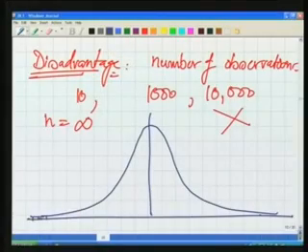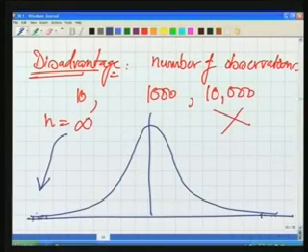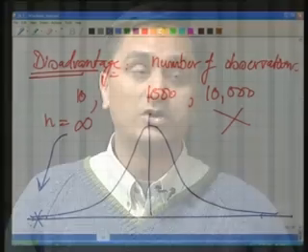Also on this side, however small the probability of these values are, they will occur because there are an infinite number of observations. So, if an infinite number of observations are there, we cannot reject these values because these values will occur, however big they are.